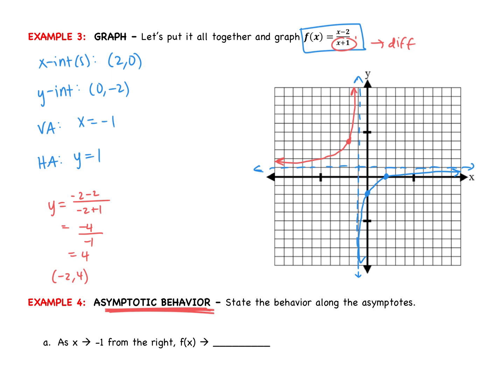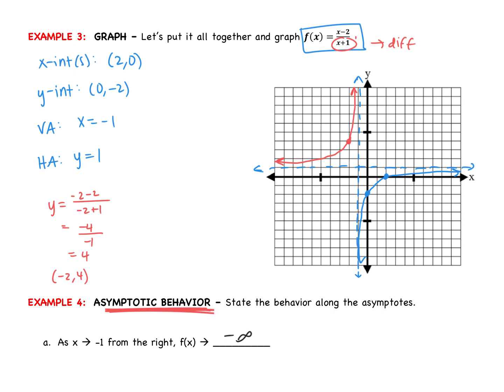So this is saying, as x goes to -1 from the right, f of x, y, goes to what? Okay, on our graph, as x goes to -1 from the right, here is our -1. As we're approaching -1 from the right, so that's here, f of x, or y, is going to -infinity.